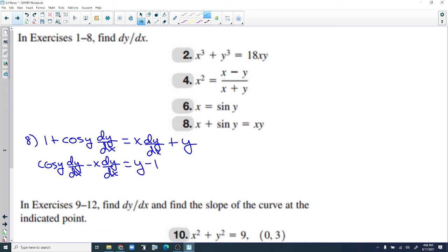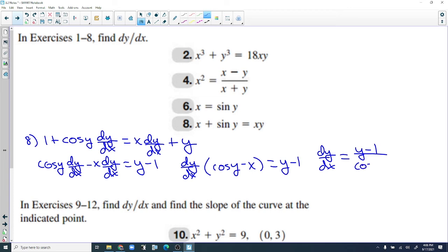Now we're going to factor out a dy/dx, and that's cosine of y minus x is equal to y minus 1. And now we just divide. So dy/dx is equal to y minus 1 over cosine of y minus x.